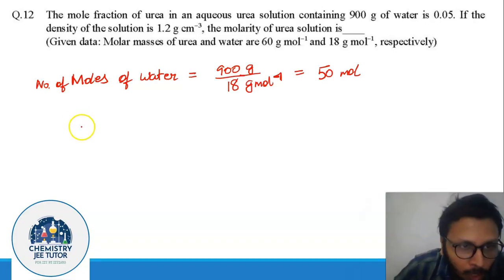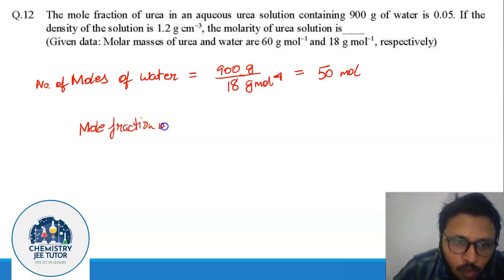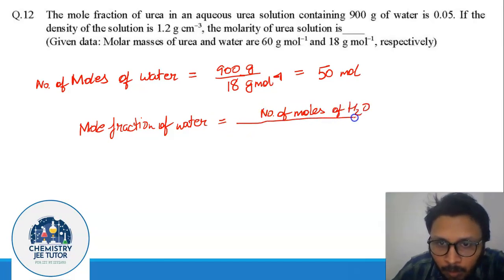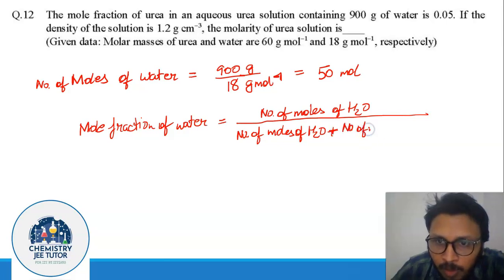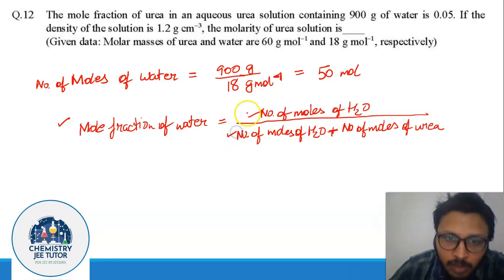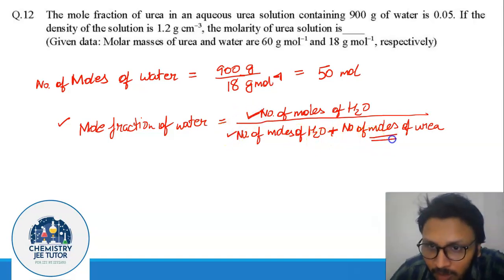Remember, we had a formula which stated that the mole fraction of, suppose, water is equal to the number of moles of water by the number of moles of water plus the number of moles of urea. So we know this and we know this, and we have to calculate this one.